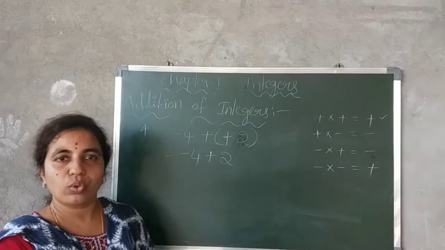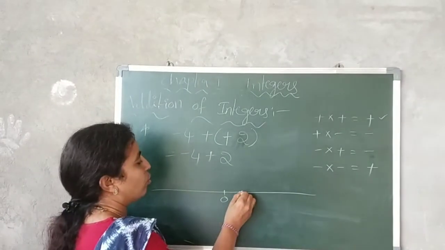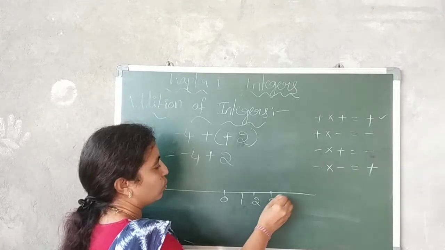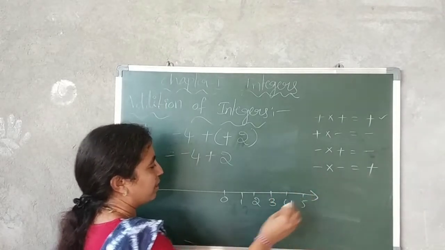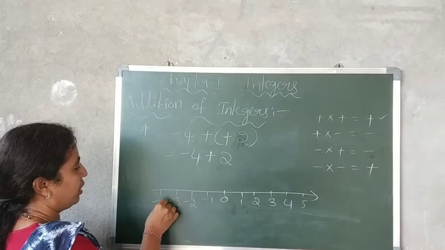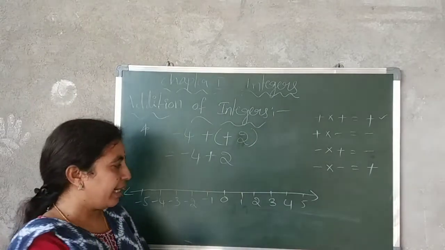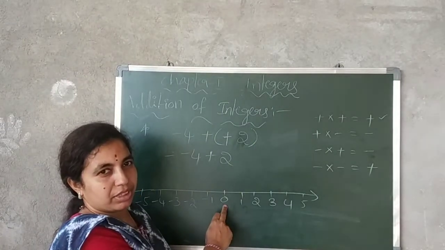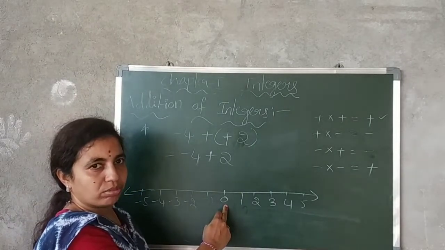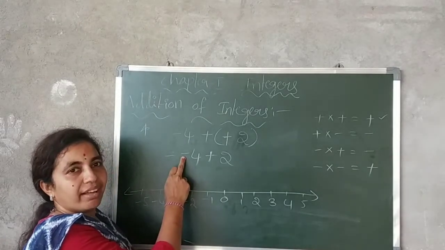Again you know how to write a number line. In the middle 0, 1, 2, 3, 4, 5 and so on, and minus 1, minus 2, minus 3, minus 4, minus 5 and so on. Again you will be at 0 as the first step, in the middle. Now from 0, see here, what do we have?